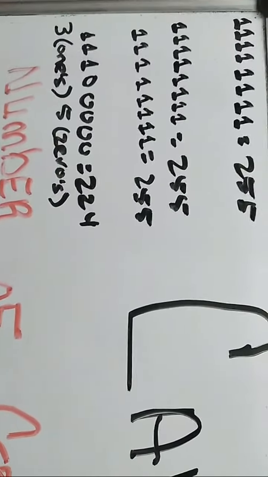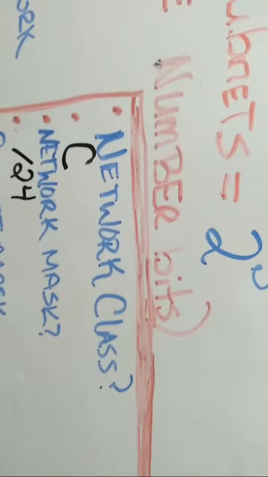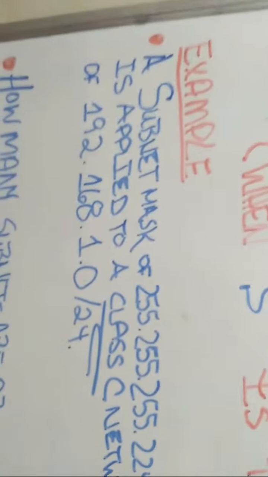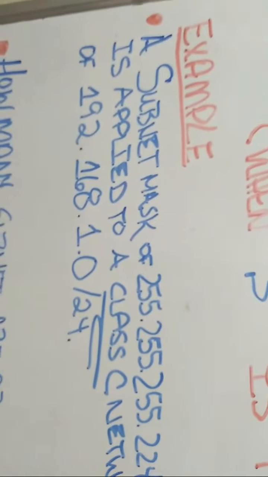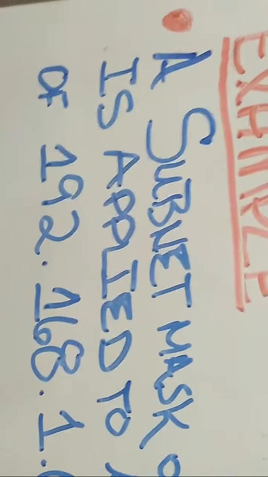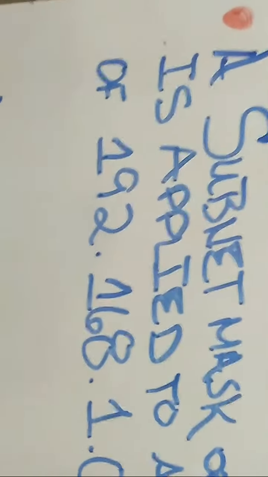The question is, how many bits did we borrow? It depends on the class of network that we actually have. If there is a 172 in the first octet, then I will borrow 11 bits and the math would be totally different.